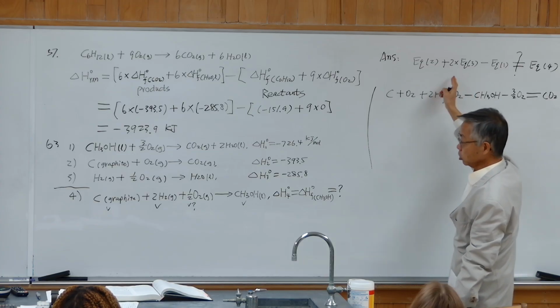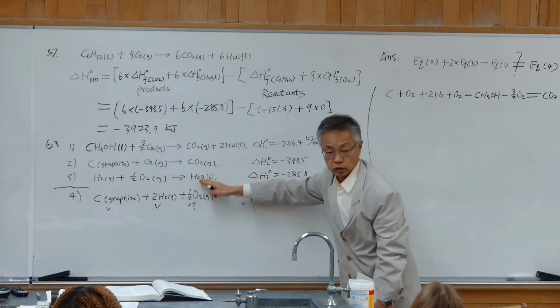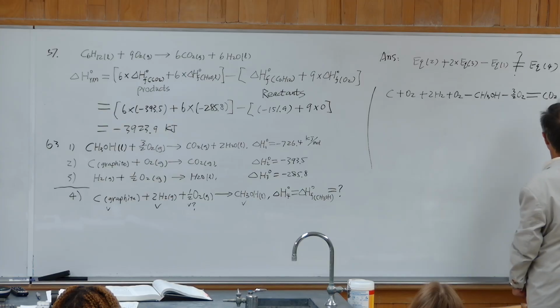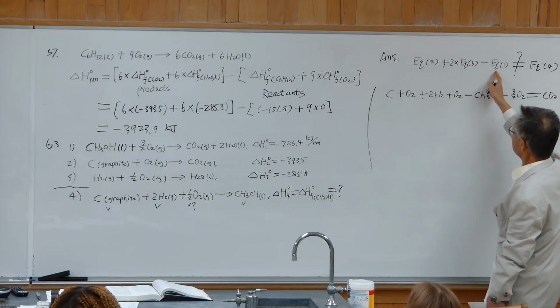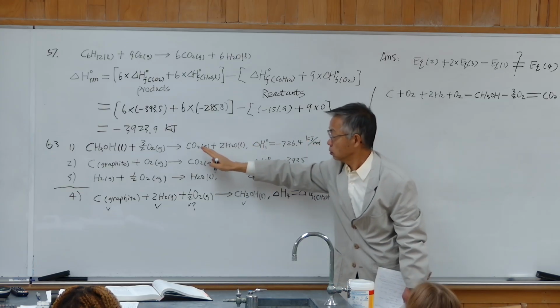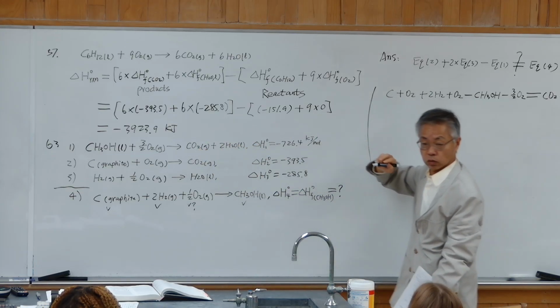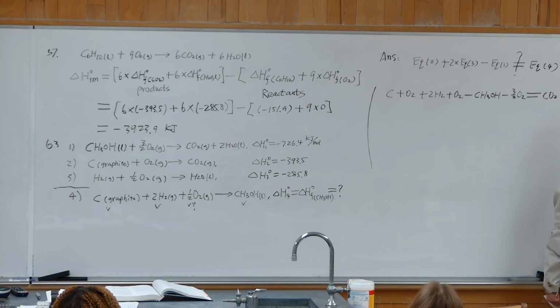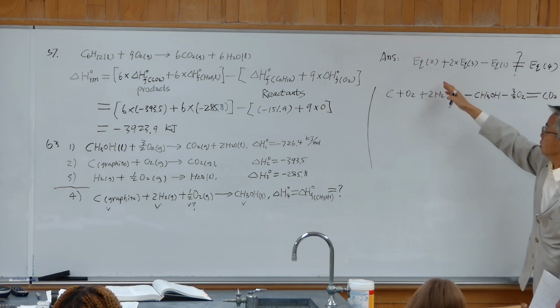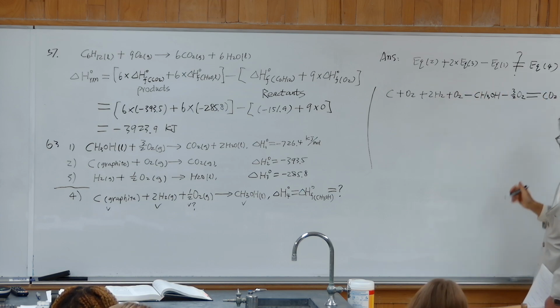Equation 3 times 2 gives 2 water. Then minus equation 1, minus CO2 minus 2 water. We finish this formula on the right side.